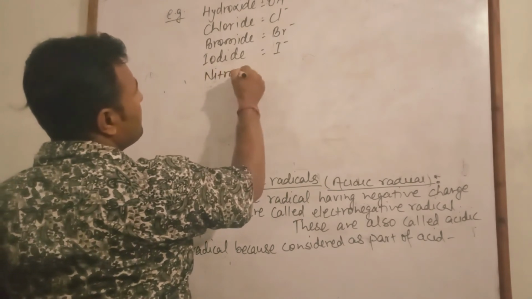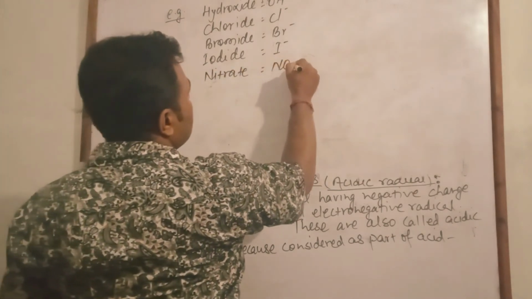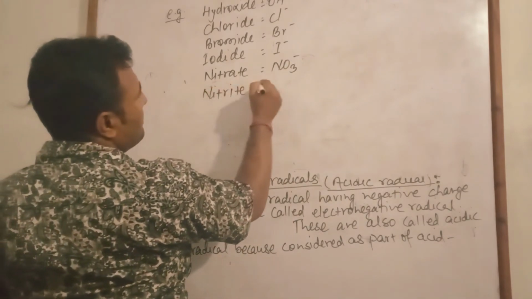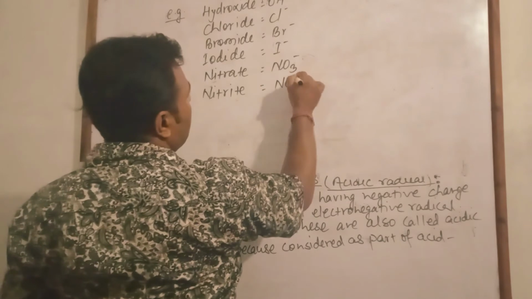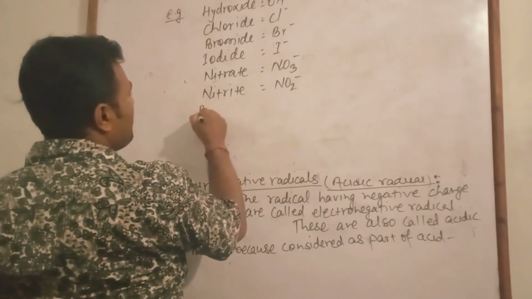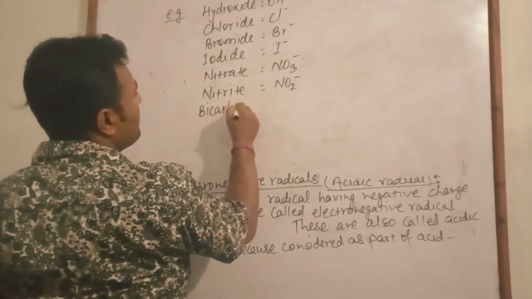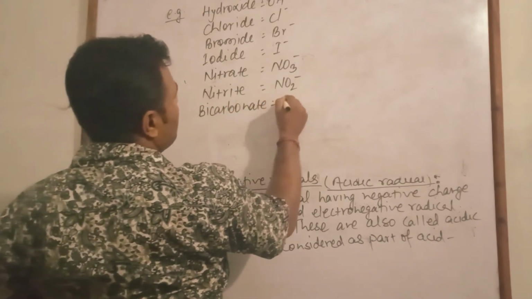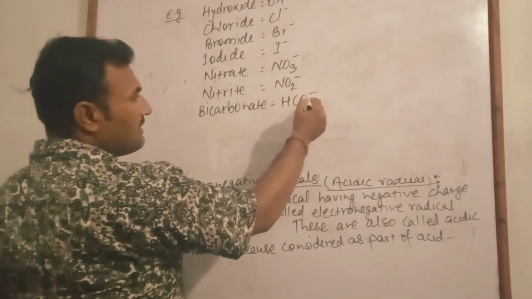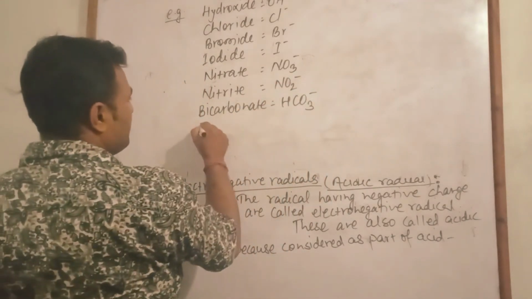Similarly, nitrate, NO3 minus. Nitrite, NO2 minus. Hydrogen carbonate, or simply bicarbonate, HCO3 minus, made up of hydrogen, carbon and 3 oxygen.